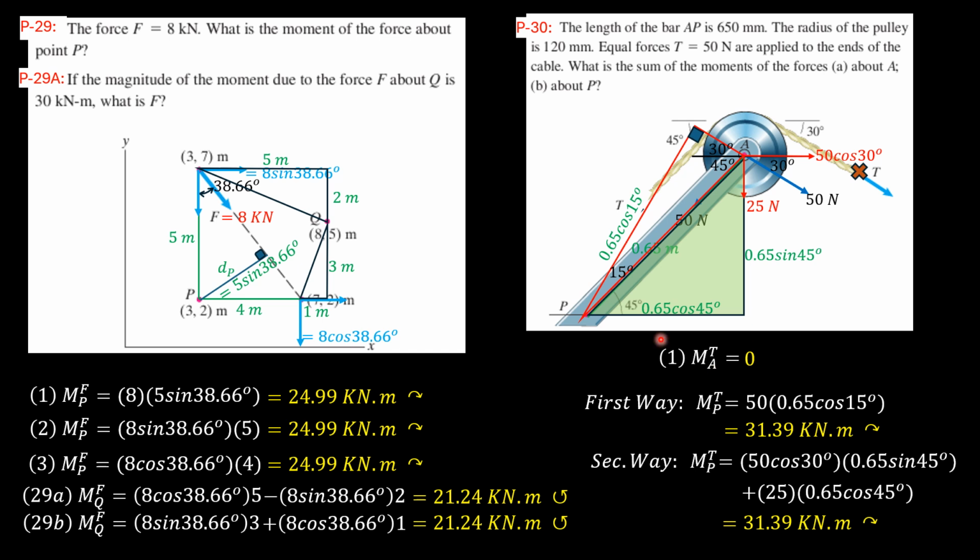Then for the moment about P, the distance from P to point A is 0.65 or 650 mm as given here.